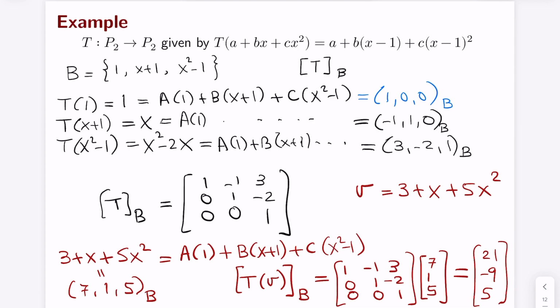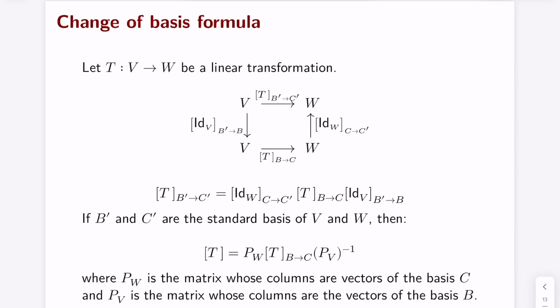And let's keep this data here in this problem. We're going to come back to this when we study the change of bases. So we're going to generalize now and give a change of bases formula that will allow us to relate the matrix associated to a transformation in certain two bases with a matrix associated to the transformation in any other two bases.